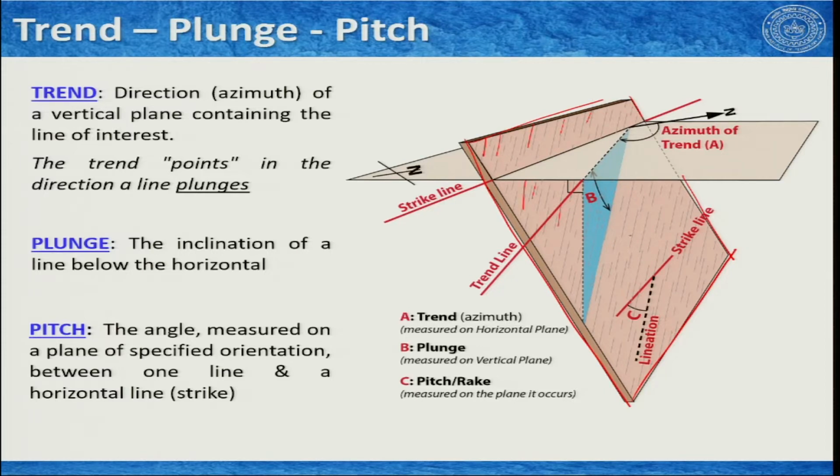Say some stretching lineations are there. Again we need an imaginary horizontal plane, and the intersection defines the strike line. Now, you have these lineations and this inclined plane, and you can imagine this pen, the stylus, as the lineation.